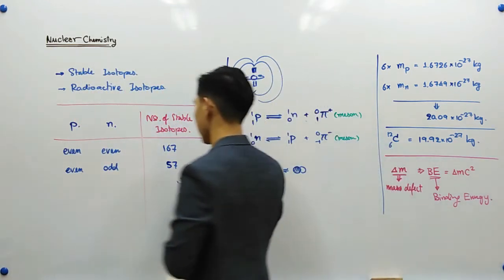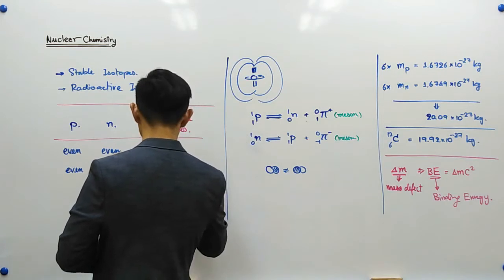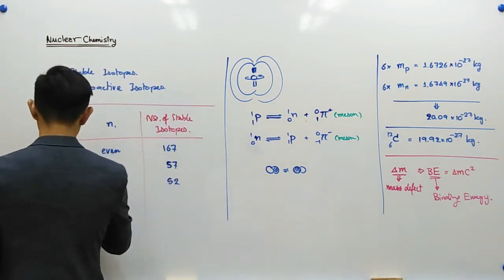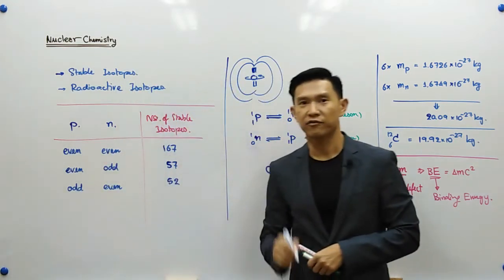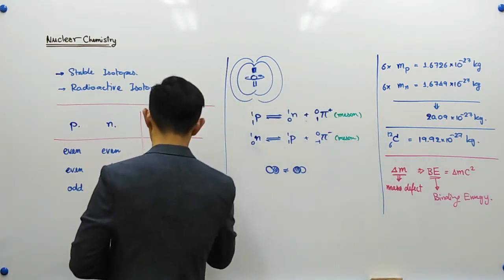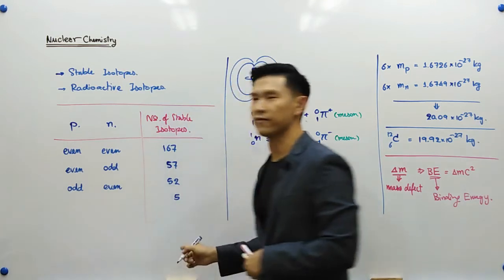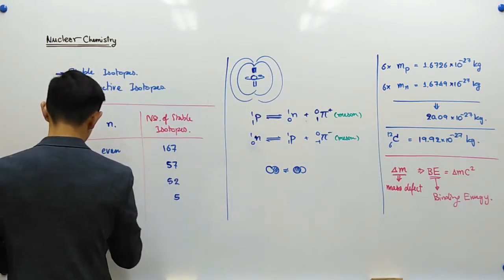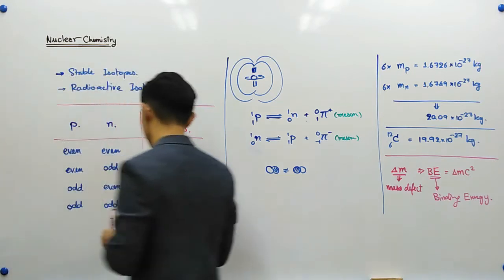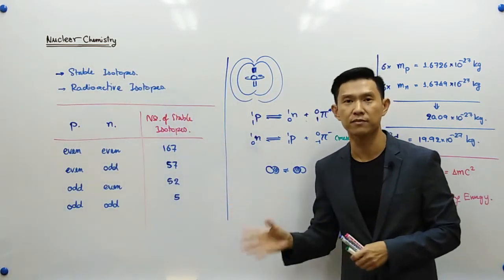And then we have another 52 isotopes that have an odd number of protons and an even number of neutrons. And very, very rare, we have just 5 isotopes that have an odd number of both protons and neutrons.